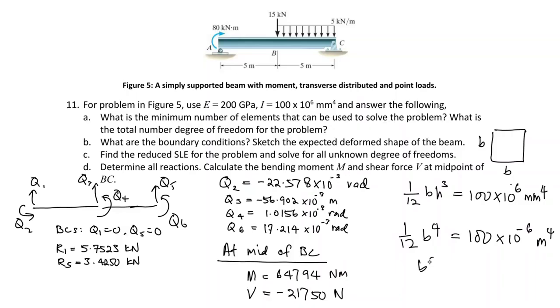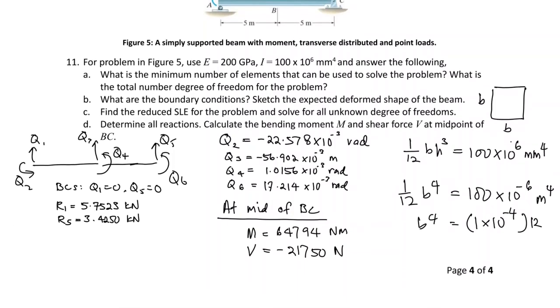So B to the fourth equals 100 times 10 to the minus 6 times 12, and we have to find the fourth root. B is equal to this value, times 12.